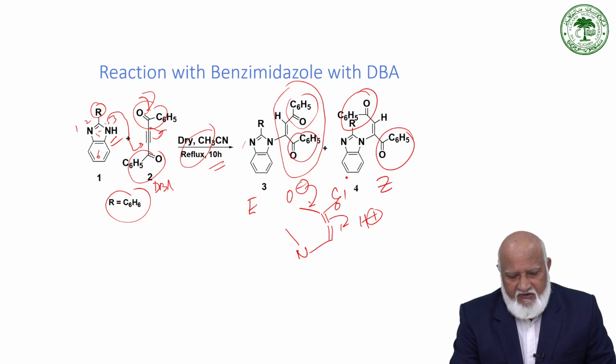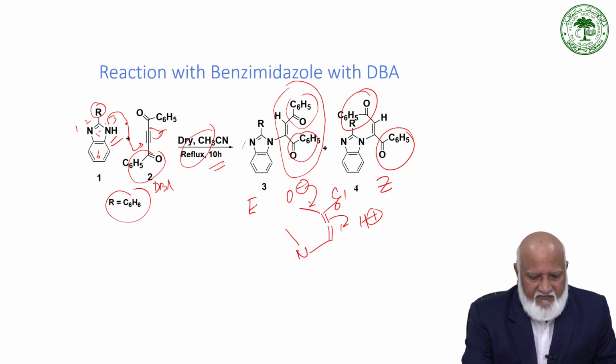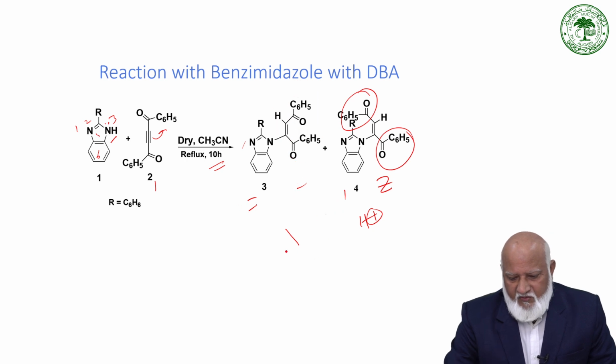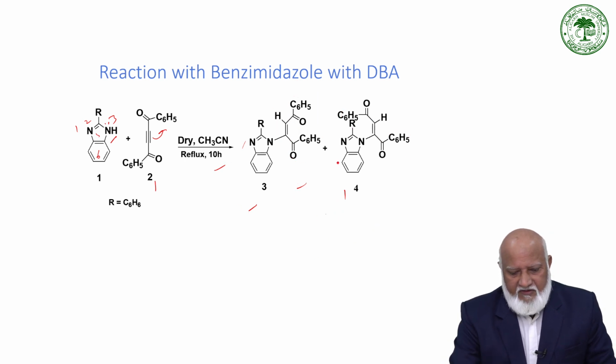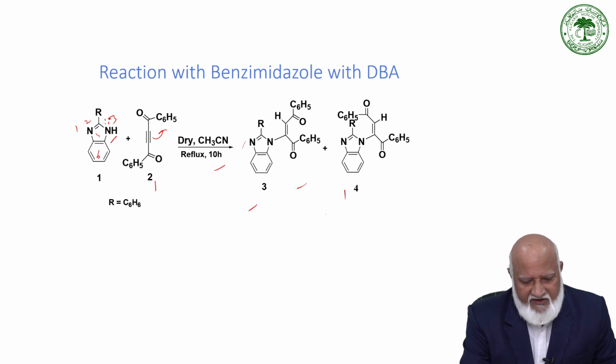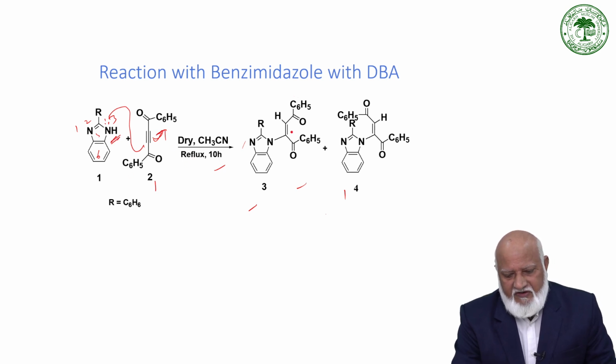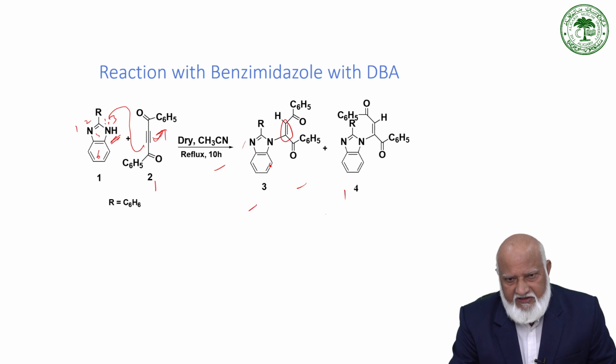So the benzimidazole acts in a nucleophilic manner, with the lone pair of this nitrogen attacking one of the acetylene carbons, followed by abstraction of a proton, and a proton shift from here to here gives rise to the ethylene linkage.